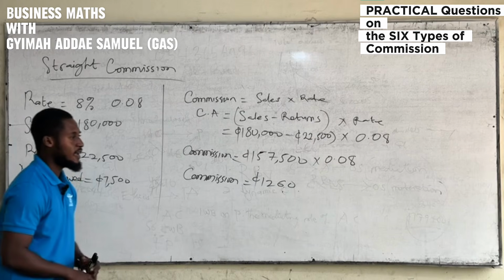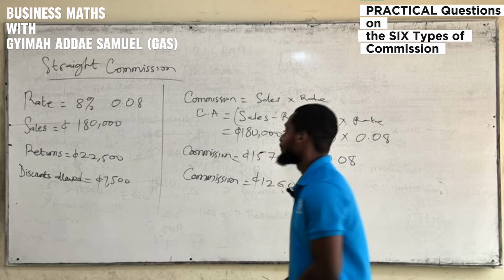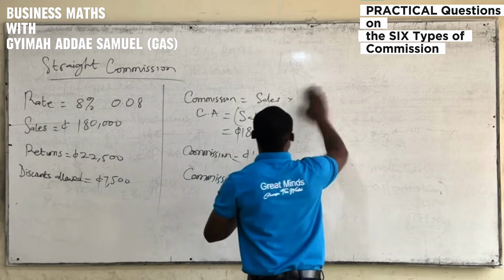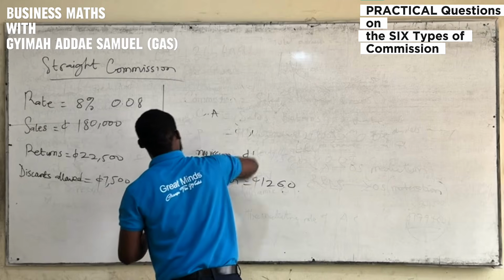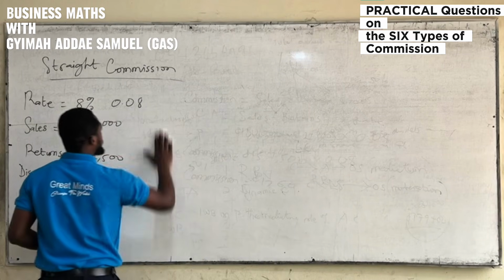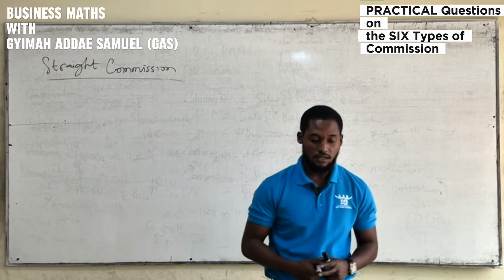So let's solve another example under the same straight commission. We move on to the second question.